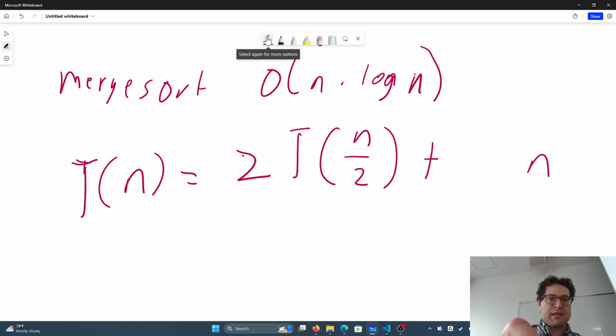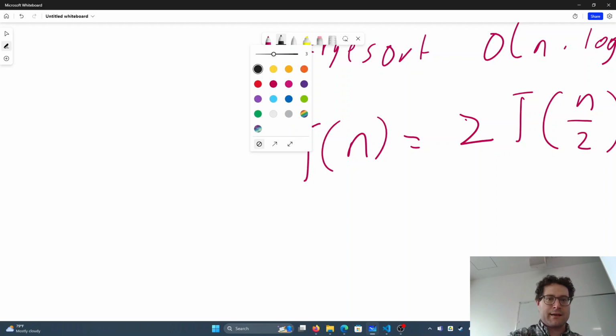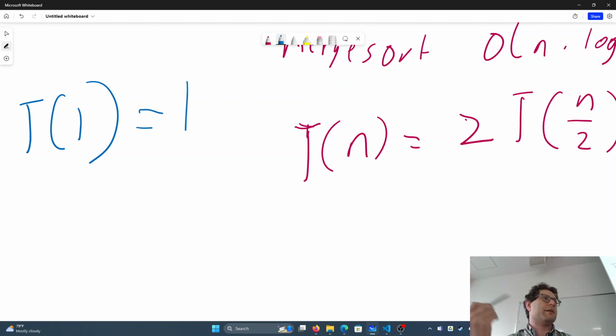Now, the other thing we need to keep in mind as we're going on is T of size 1. How long does it take to sort something and merge something of size 1? 1. Takes one step, right? It's done. We check and it's done, right?